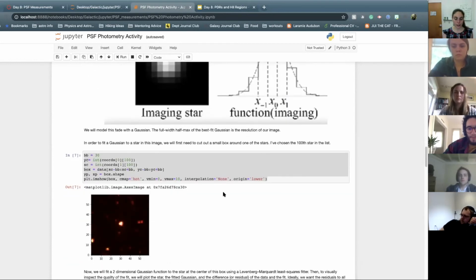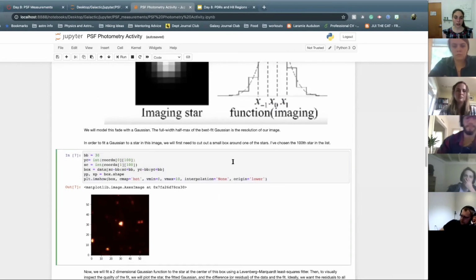So to do that, we have to find a star and we have to fit it to a Gaussian. So here I'm just pulling out a little postage stamp around the 100th star in my coordinate list. So this is just saying, go into that list of coordinates and pull out the 100th position in the X and the 100th position in the Y. So the 0 tells me I'm looking at the X pixel coordinate, the 1 tells me I'm looking at the Y pixel coordinate, and the 100 is just kind of arbitrary, I want to look at the 100th star.